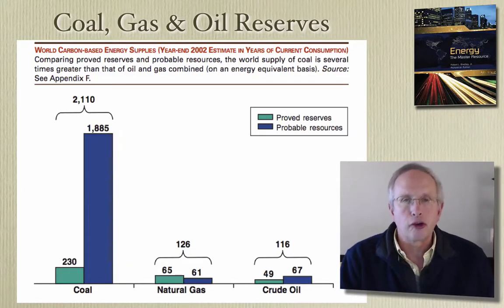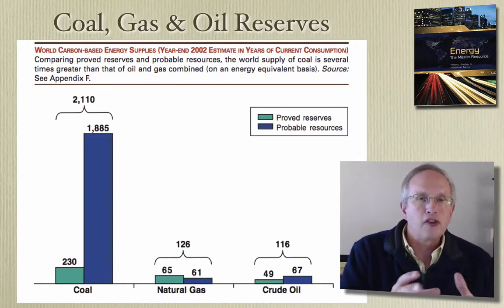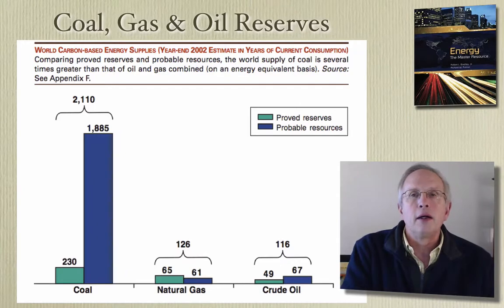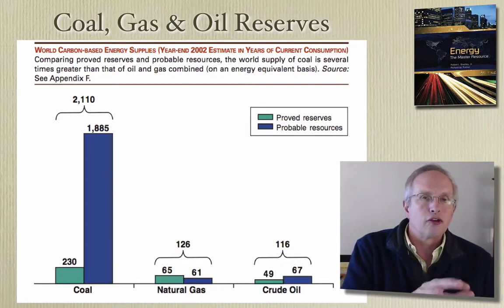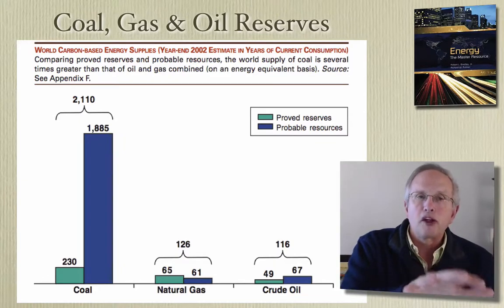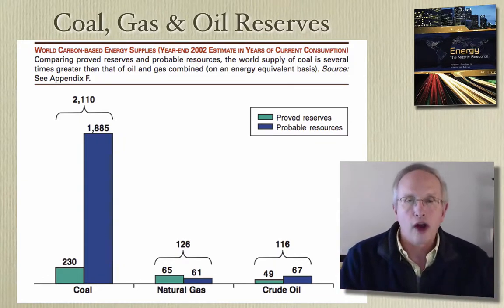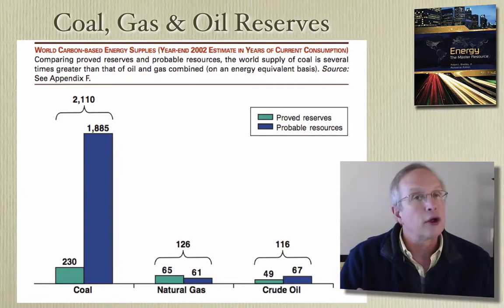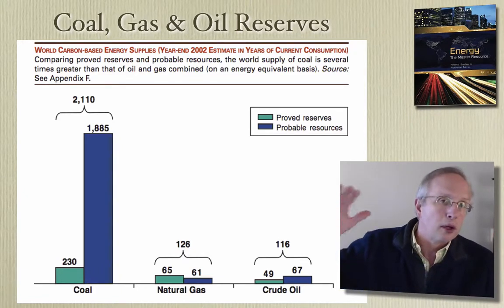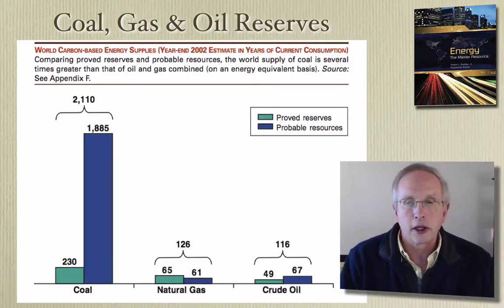This is from 2002. And what we find is we've got some 230 years of current consumption of coal that we know exists. But we expect to have almost 2,000 years in total, over 2,000 years of coal at current consumption. If our consumption goes up, it'll be less, but it's still a long time.